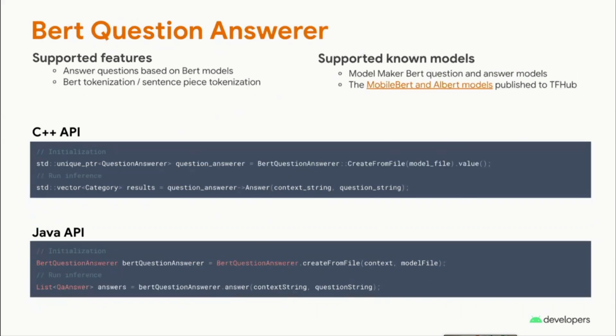Another one I want to highlight is the question and answer API. If you have tried any other way of doing ML at all, some of these natural language processing models are really hard to implement.